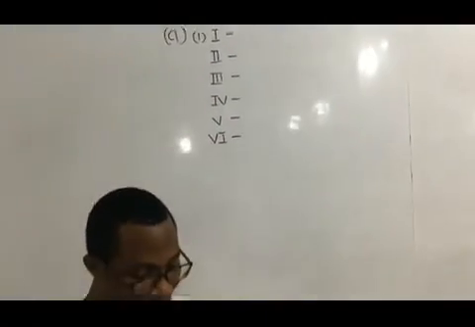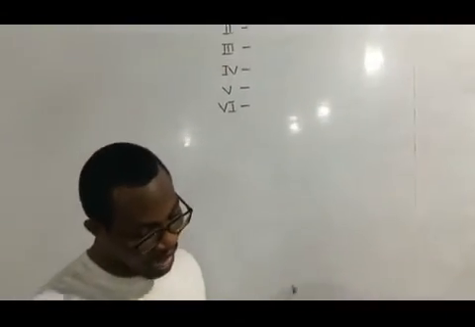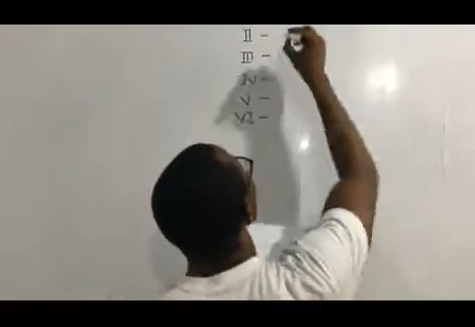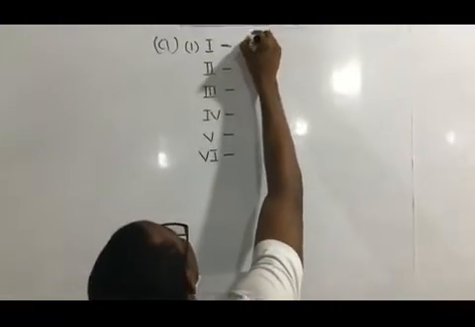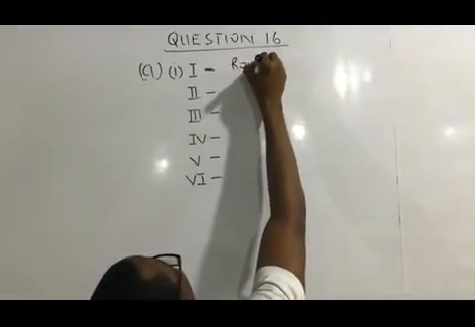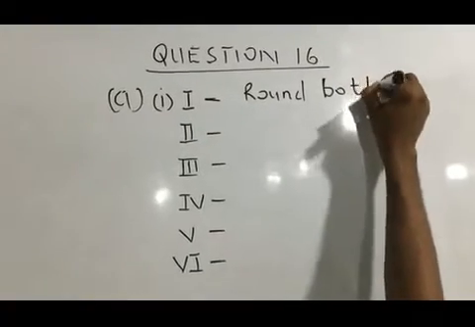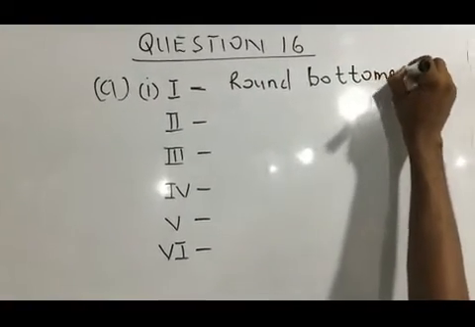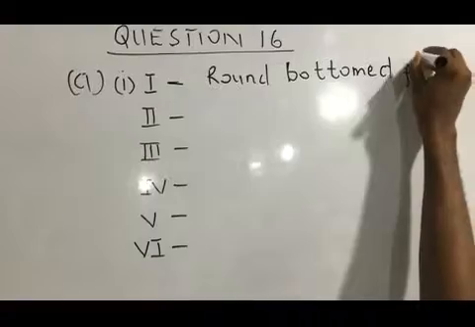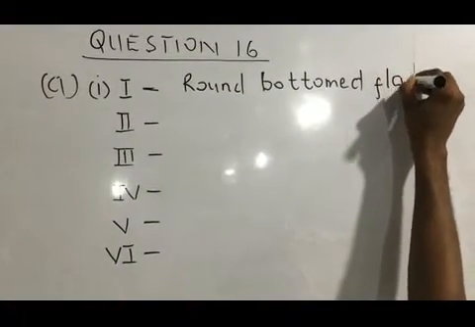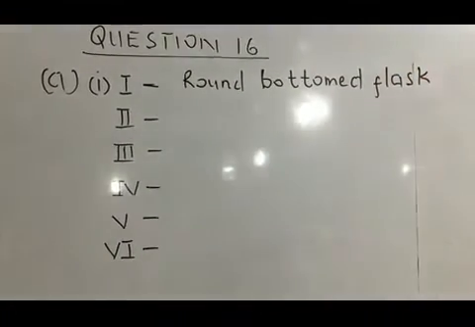So from the diagram, the part labeled I is the round bottom flask.